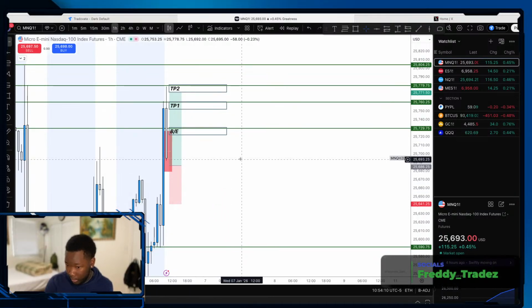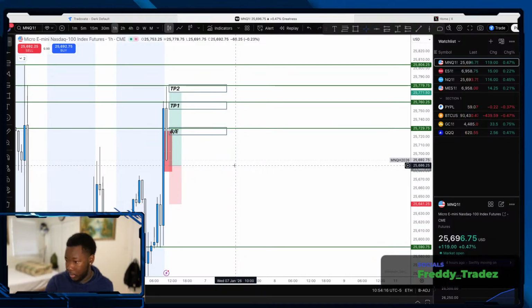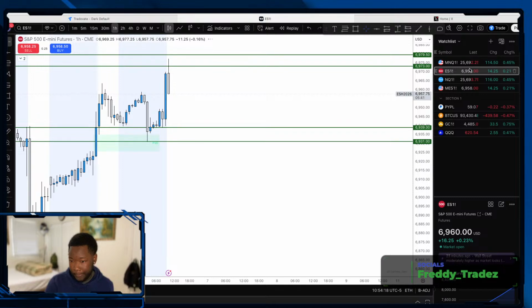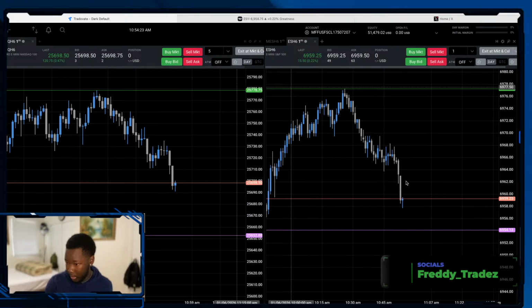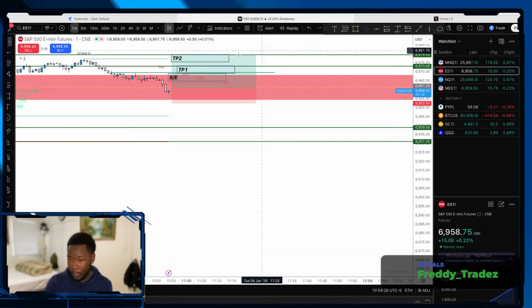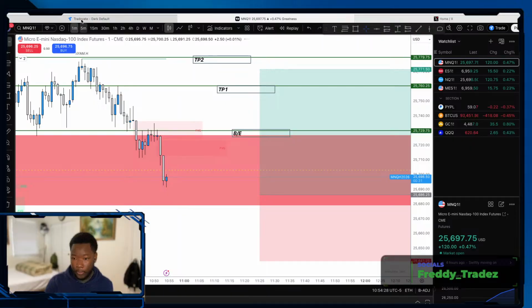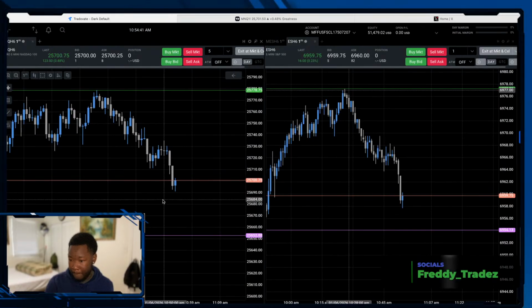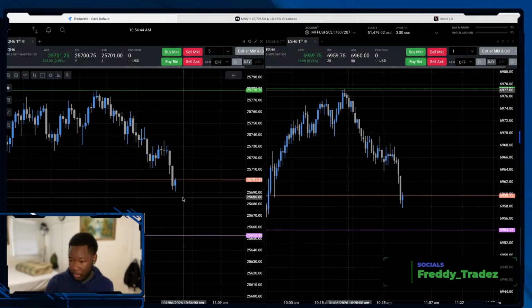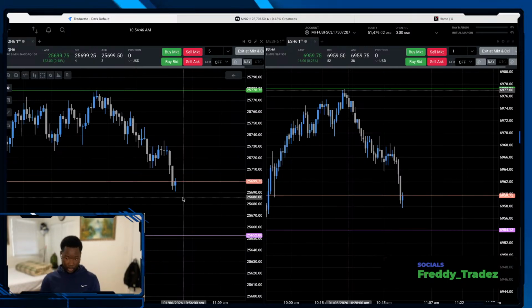But I do like this area for a reversal for a continuation higher. 686. Let's look on ES. What do I like more though? Yeah, so I'm going to try this on ES. Okay. All right, so once NQ comes down here, I'm going to take a stab long on ES.